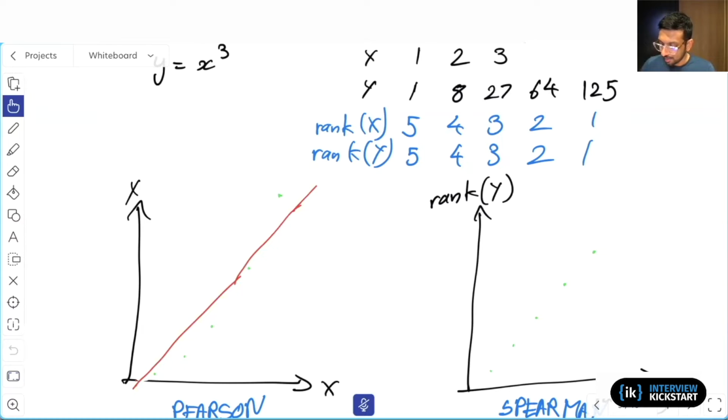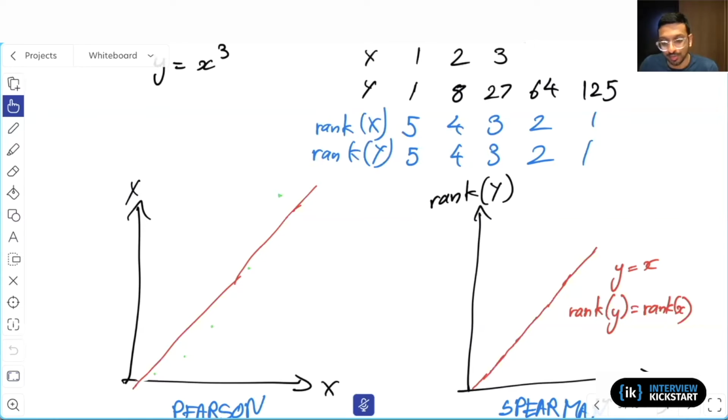But in the second case, we're going to have a line that very neatly goes through all of the points. And that line, of course, is going to be y is equal to x, or rather rank y is equal to rank x, just to avoid confusion. So in this case, we get a line that perfectly fits all the points on it.